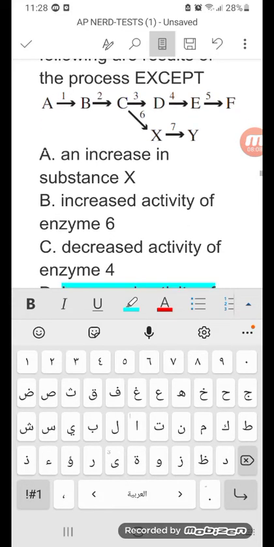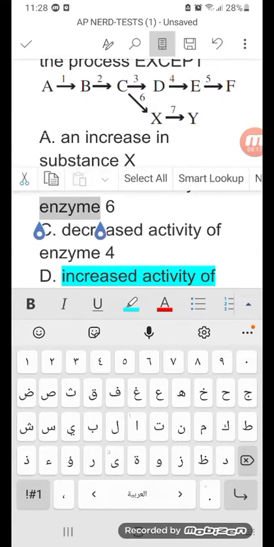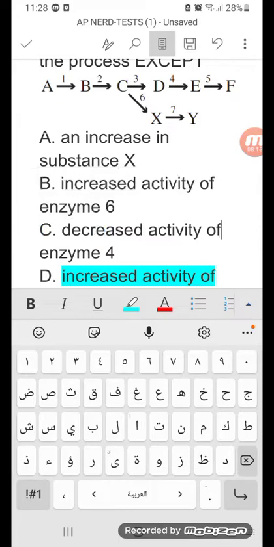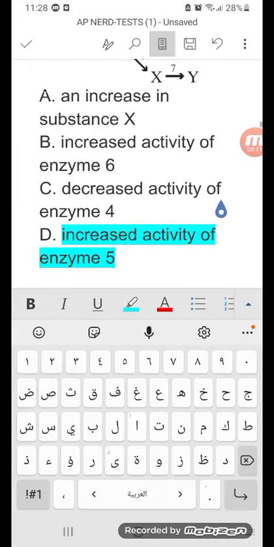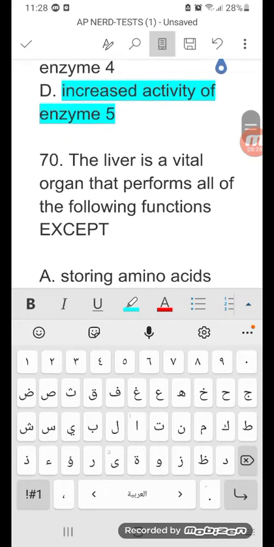Okay, when we inhibit 3, we will increase the activity of 6. Yes. And we will decrease the activity of 4. Yes. But the increased activity of enzyme 5, no.